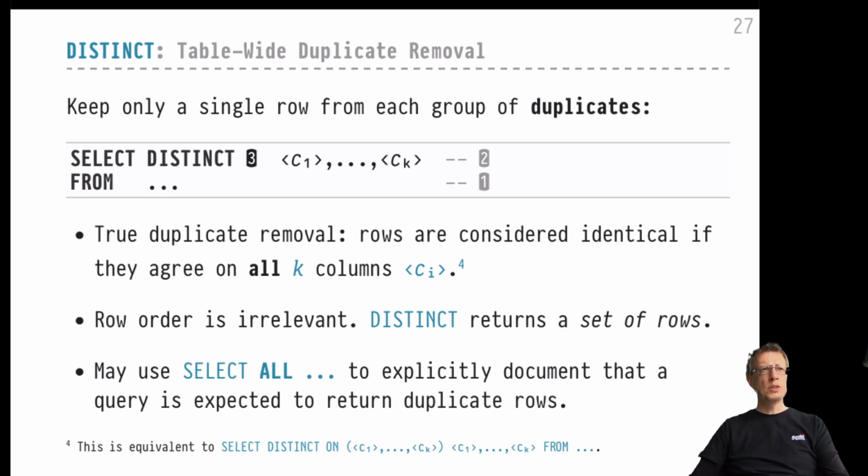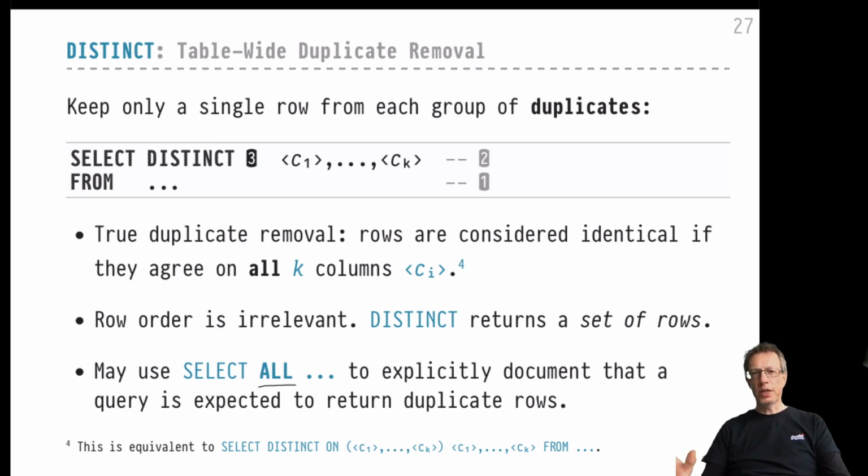Sometimes it makes sense for documentation reasons to just replace this distinct by this all modifier. And the all modifier says, yes, I'm aware that the result may contain duplicates, which is the default in SQL, and I'm okay with this.